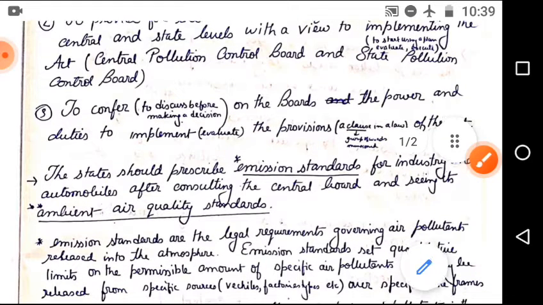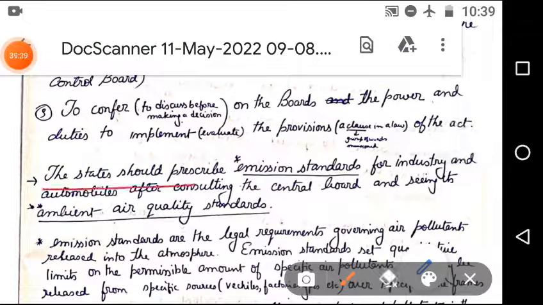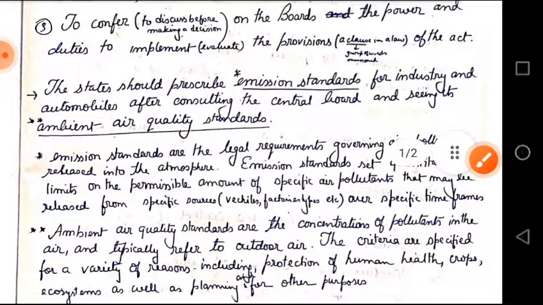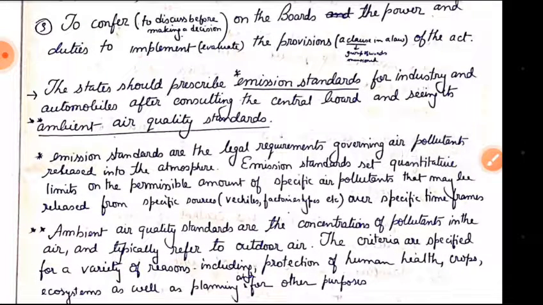The state should prescribe emission standards for industry and automobiles after consulting with the central board and seeing its ambient air quality standards. So it is saying that the states should prescribe emission standards.